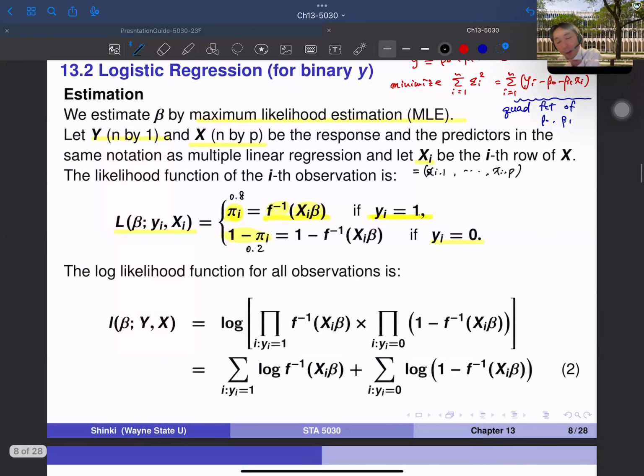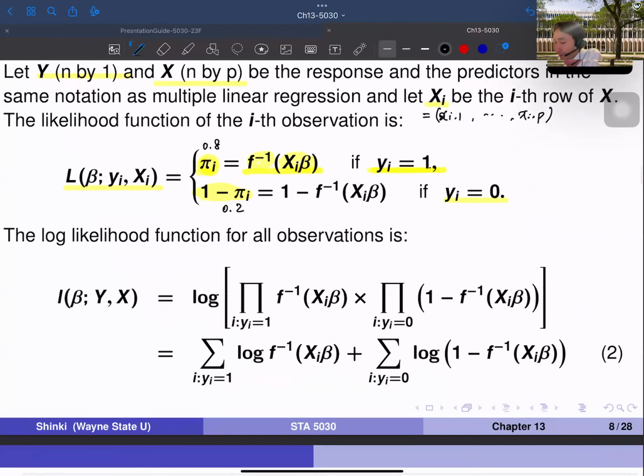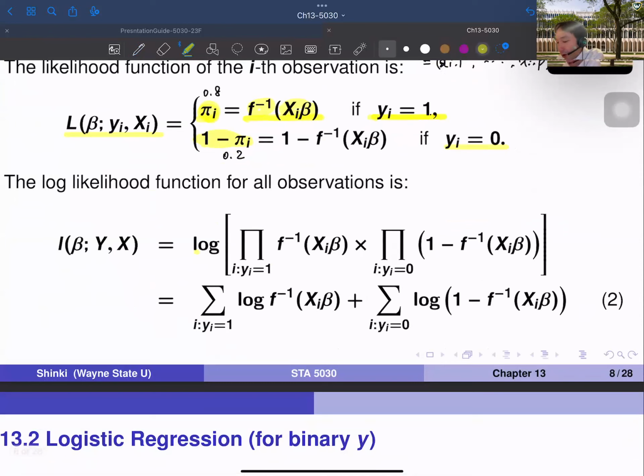So based on these probabilities, we can calculate the likelihood function. Basically we take the product of this likelihood over all observations. To be specific, we have to separate the successful cases and the failure cases. For successful cases we multiply all the pi_i's, and for failure cases we multiply all the 1 minus pi_i's.